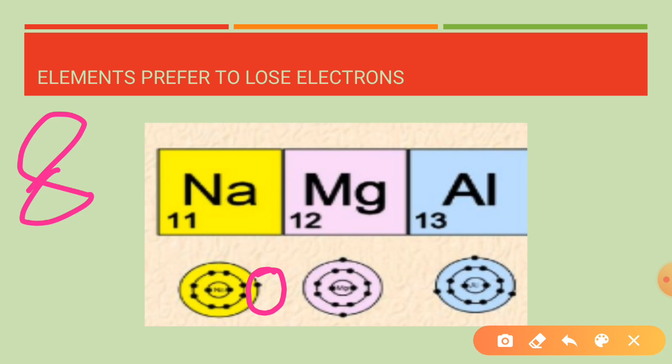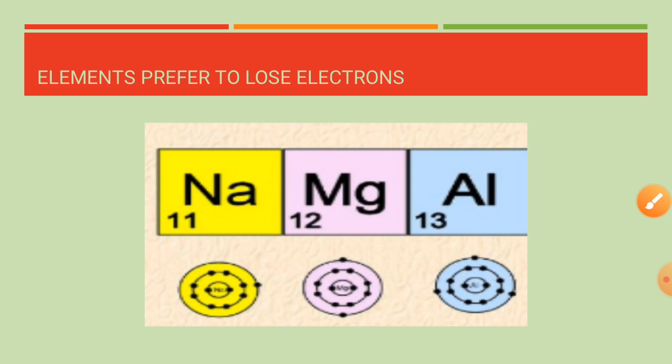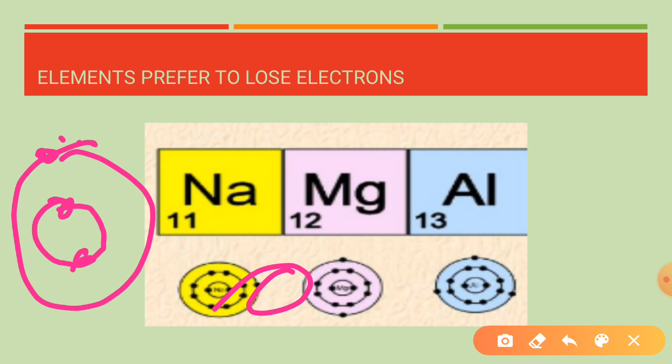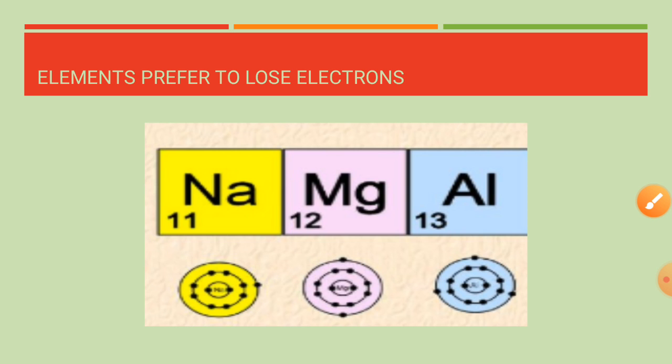So it would have to receive 7 electrons, but that is very difficult, so it prefers to lose this single electron. It will lose this electron and become 2 in the inner shell and 8 in the next, 1 2 3 4 5 6 7 8, and the outermost is finished.